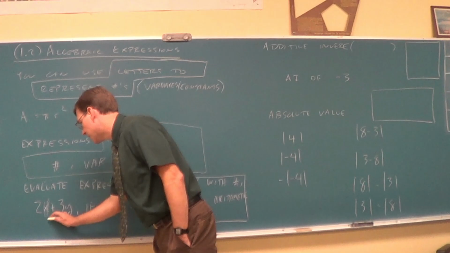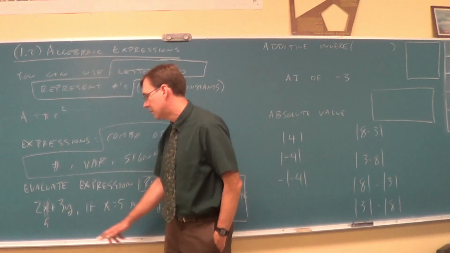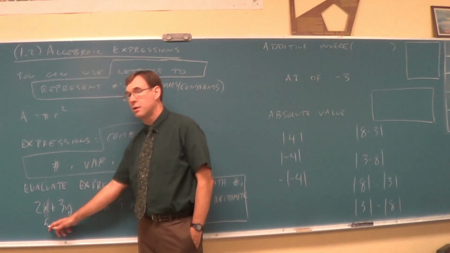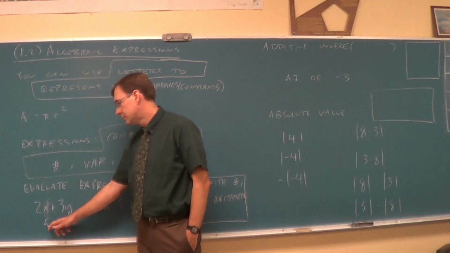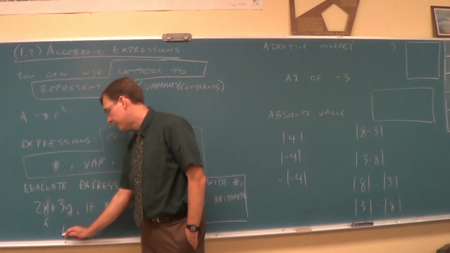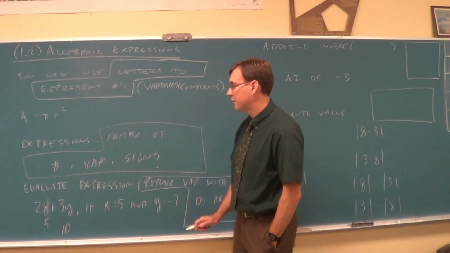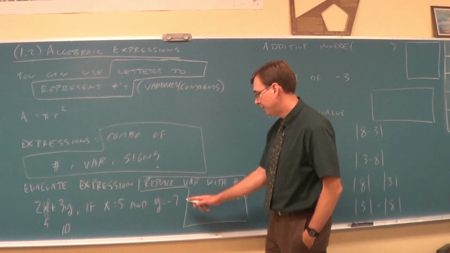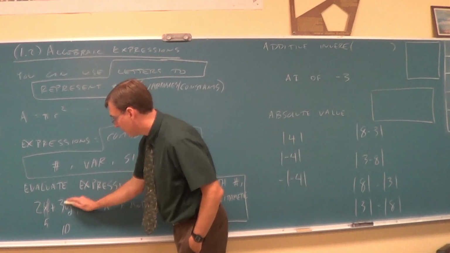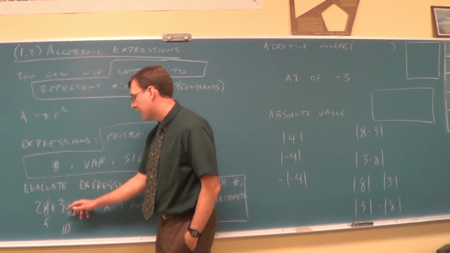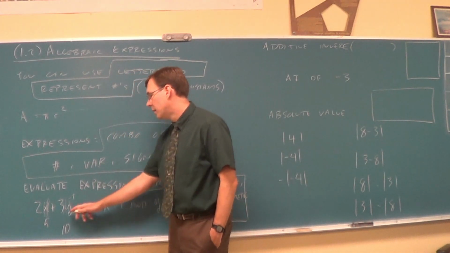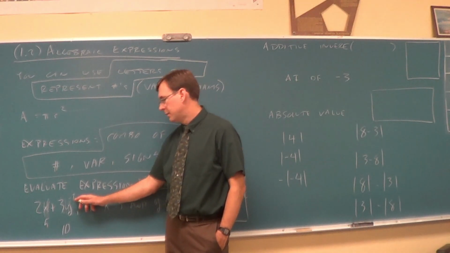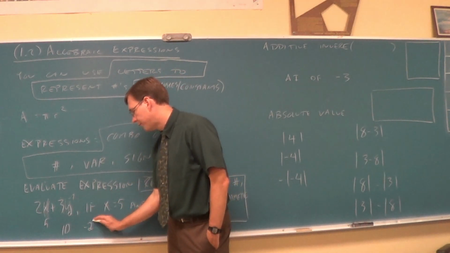So if we replace this x with a 5, this little bit of math here creates a 10. If you don't trust yourself to remember 10, write it down. If you trust yourself to remember 10, just remember 10. If you put negative 7 in for the y, what's 3 times negative 7? Negative 21.